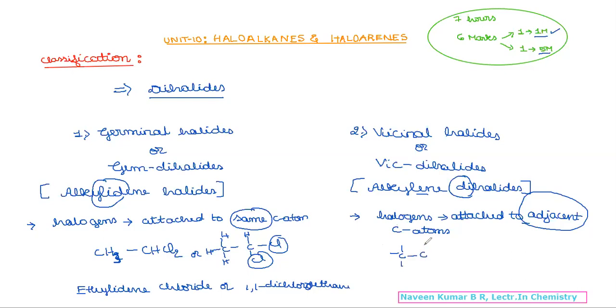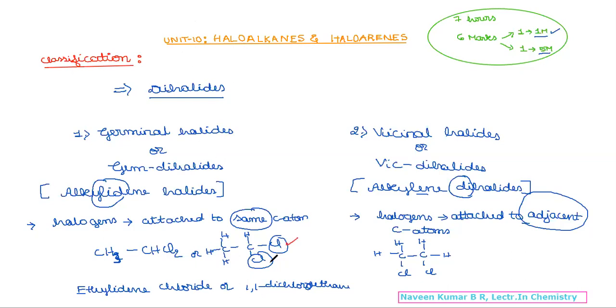Here, the halogens are attached to adjacent carbon atoms. One Cl is attached to one carbon, another Cl is attached to another carbon. The common thing between the two is that they have the same molecular formula, but their structure is different, so they are structural isomers. Here it is attached to the same carbon, here it is attached to a different carbon. Just to differentiate, I will show it in a different color.